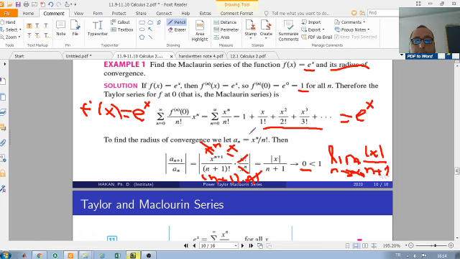Therefore, we say the power series is convergent for all real numbers, which means the Maclaurin series for exponential x, which is a very important function in applied science, can be written as 1 plus x over 1 factorial plus x squared over 2 factorial, and so on. We have an infinite series for exponential x at 0.